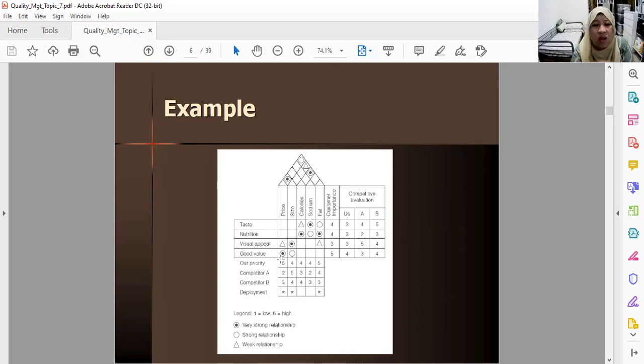And of course the last one, they have good value in terms of price. They have a breakfast meal set, a lunch meal set, and also a dinner meal set. So this is still an attraction to the user who wants this product.